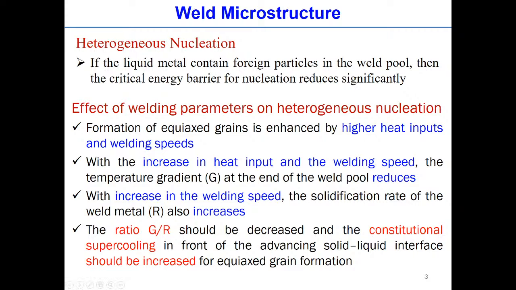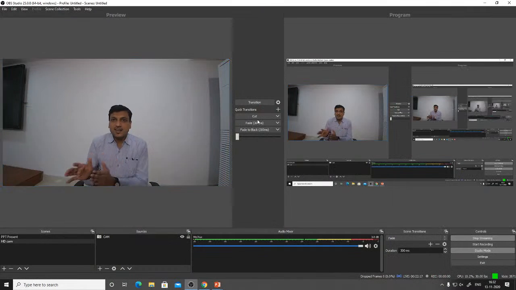And if you observe the case of a very high welding speed, at the end of the trailing pool, that means at the end of the weld pool, you can expect some zone of equiaxed formation apart from the columnar and dendritic structure in the other zones. So, simply, we can say that an increase in heat input and welding speed both promote the equiaxed structure.